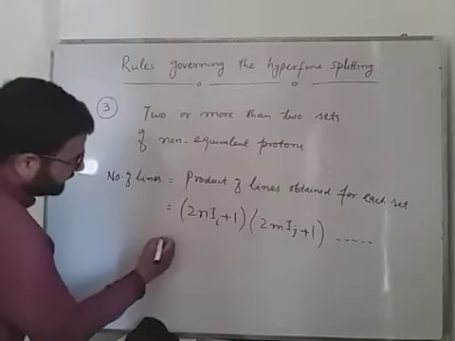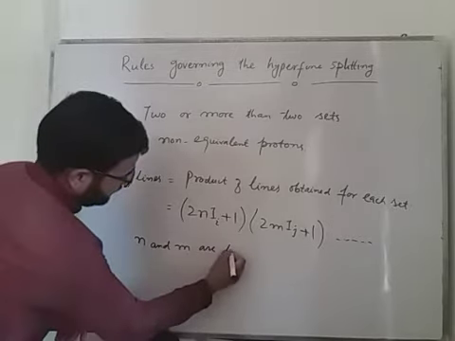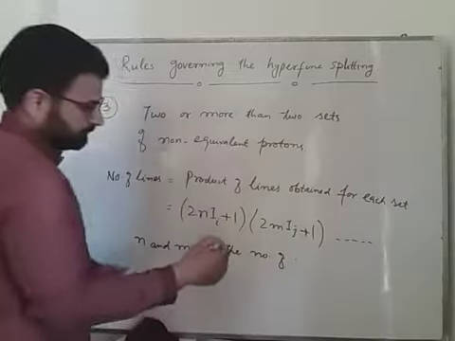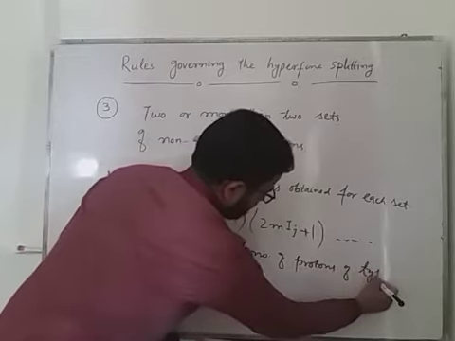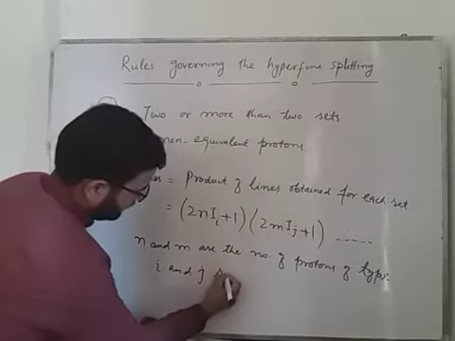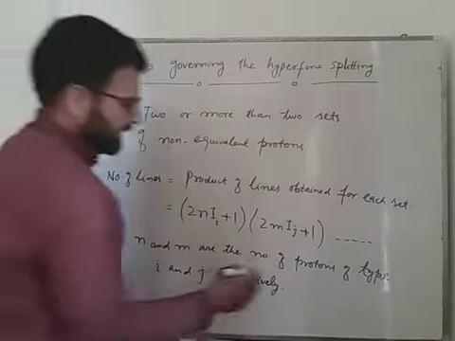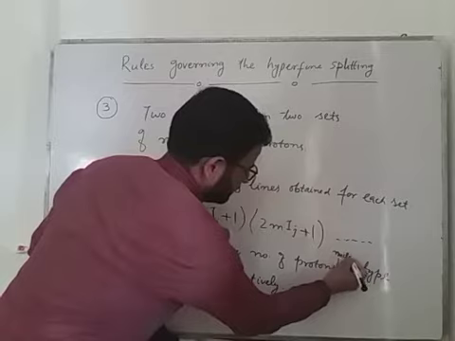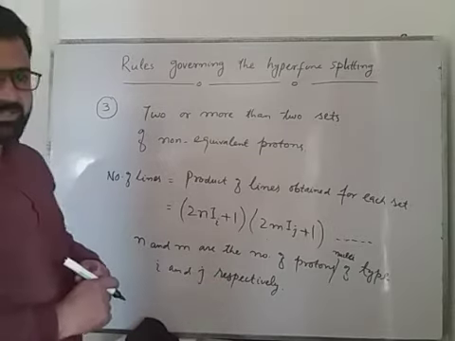Here N and M are the number of protons or nuclei of type i and j respectively.